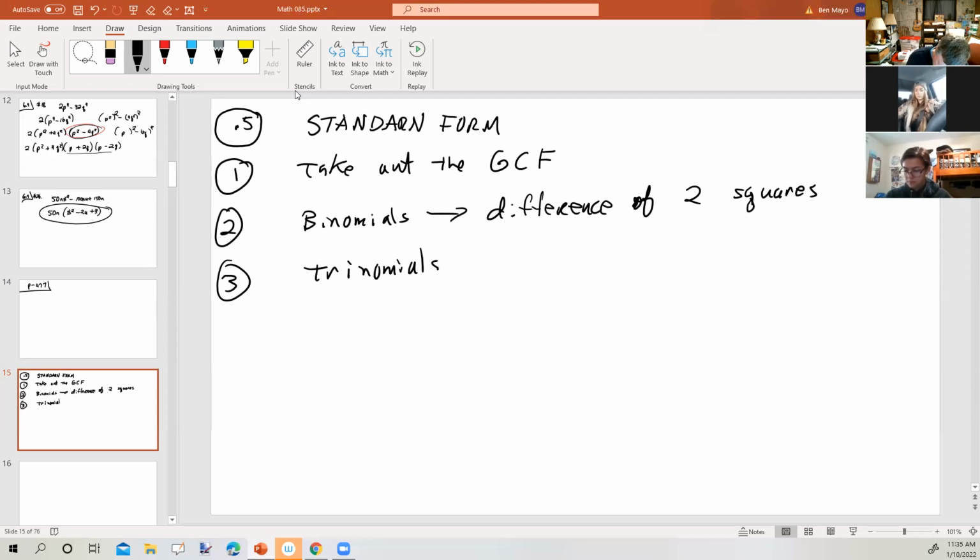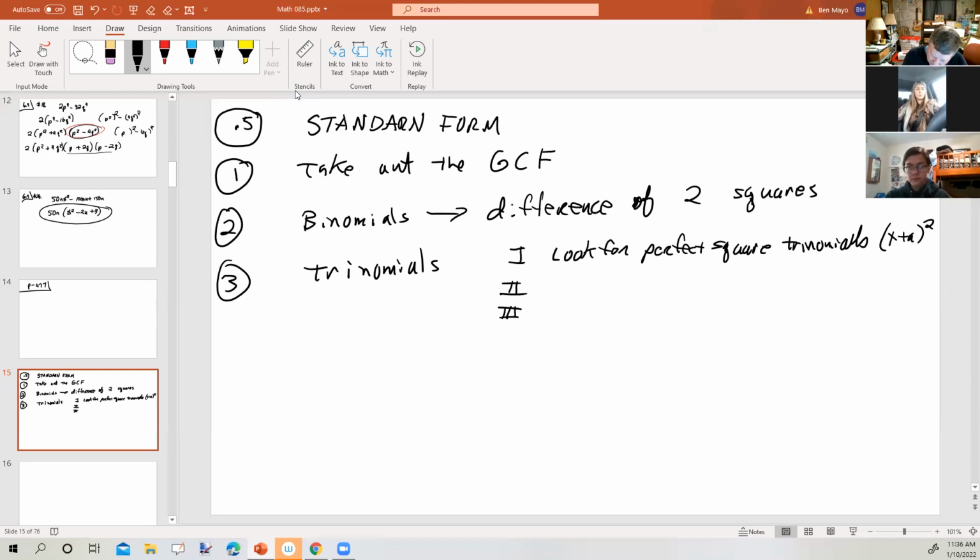Step 3, trinomials. We're going to have a Roman numeral 1, 2, and 3. And 1 is to look for perfect square trinomials. So that would be in the form of x plus a or something like that squared. 2 is the form x squared plus bx plus c, where the leading coefficient is a 1.